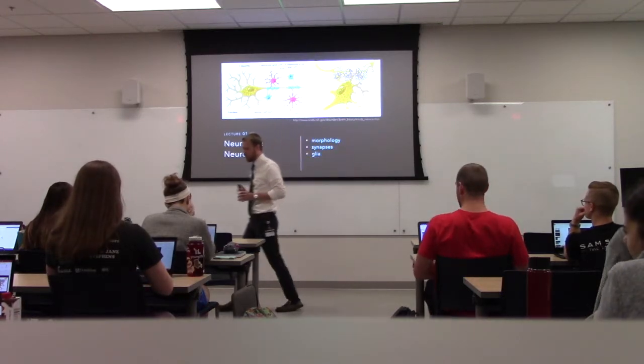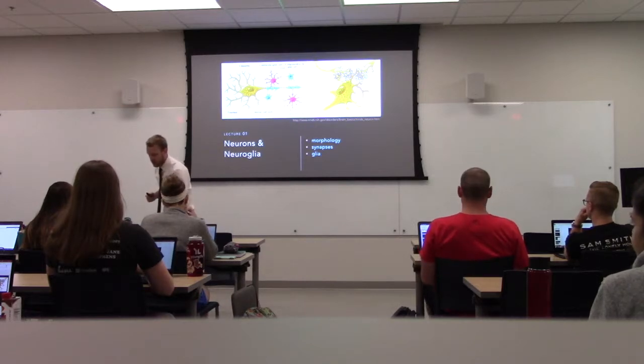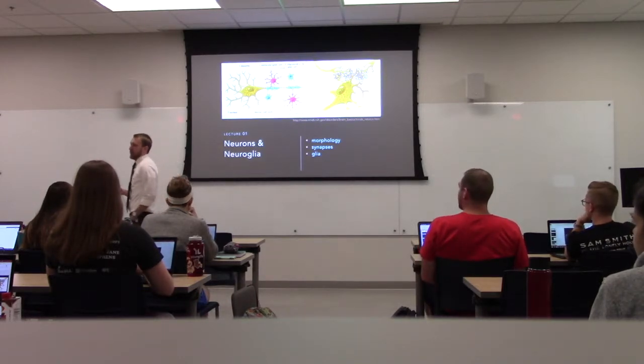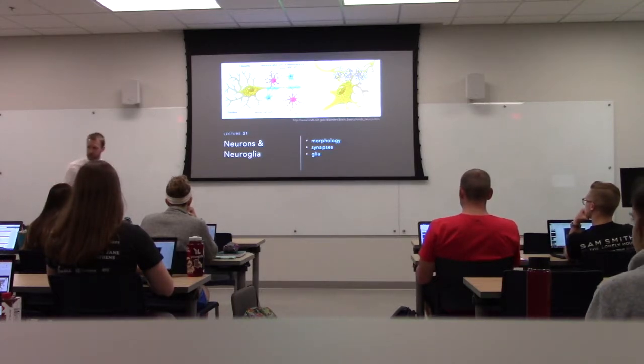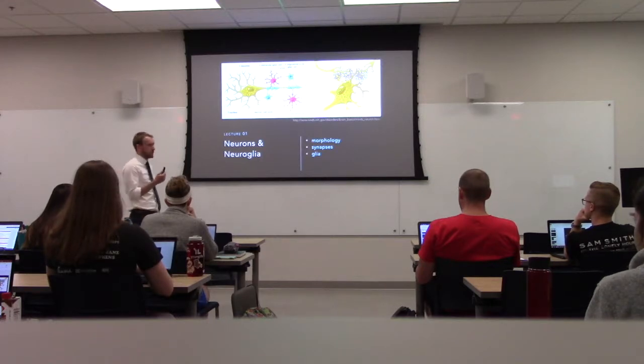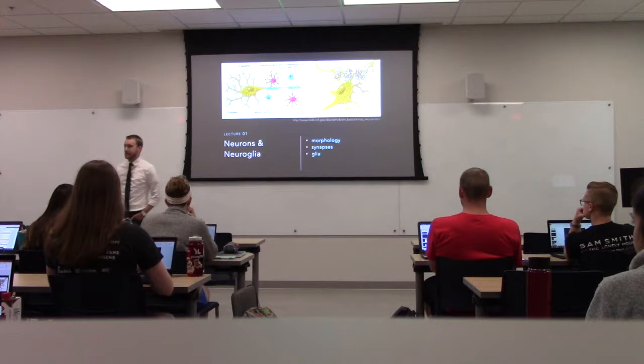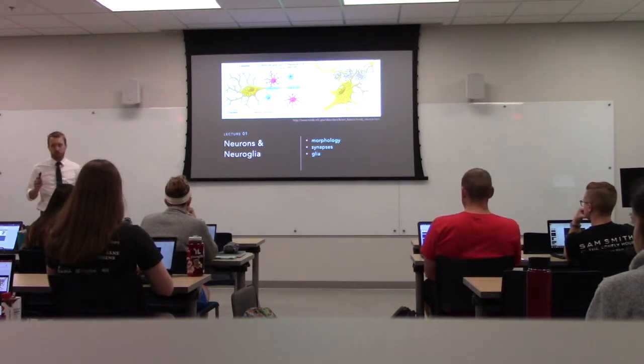We're going to talk about the morphology of neurons, a bit about why that matters, because it does. There's a reason why certain neurons are shaped a certain way. What creates that morphology? We'll talk about synapses, of course. The purpose of neurons is to communicate, and synapses are the site of communication. There's two broad categories, more on that later.